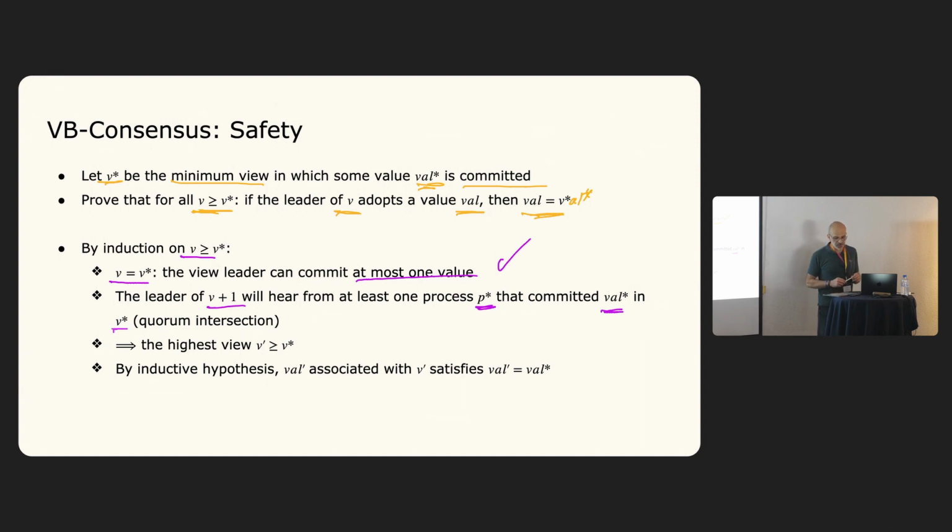Since we select the highest view, the value committed in that view is one of the candidates for selection, because everything else must have a higher view associated with it. But what can be associated with a higher view? Now we use the induction hypothesis, and we know that it must be the same value. Therefore this holds, and we have consensus.